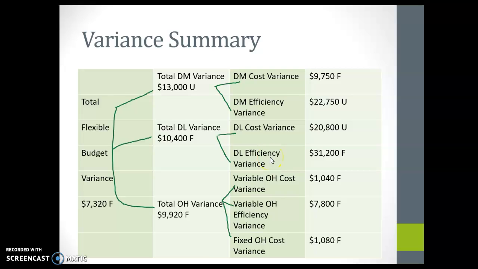So we're going to talk to the human resources director about the direct labor cost variance. Why did we spend 14 instead of 12? And we'll talk to the foreman out in the factory about why did we use so many less hours than we should have, than we thought we would, okay?